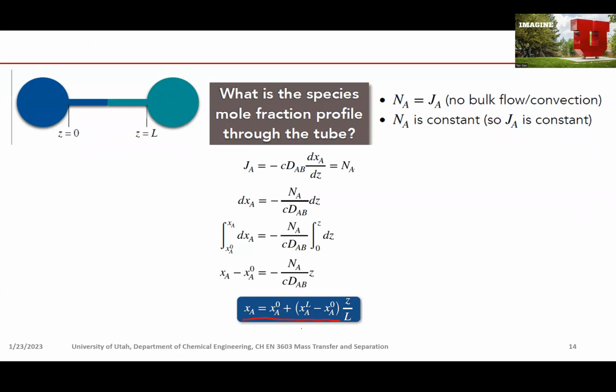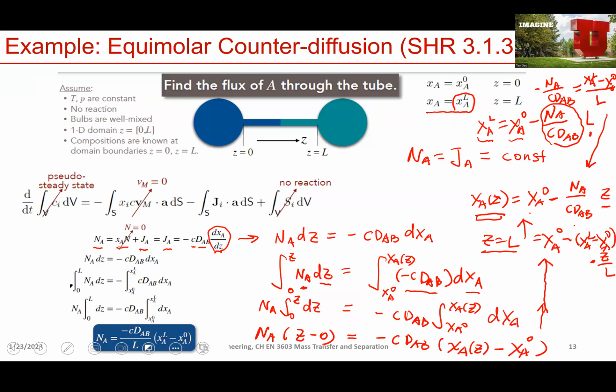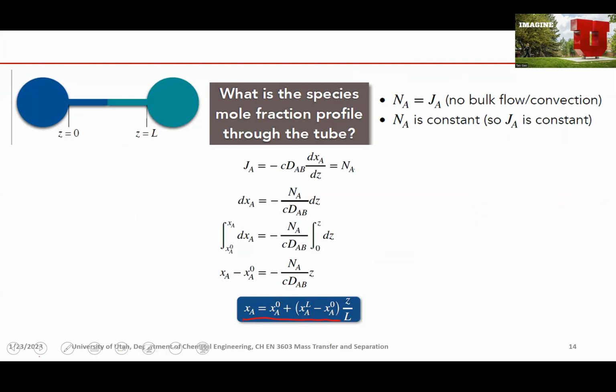Okay. Sorry, it was really jumbled on that last slide. Which part? All of the right-hand side. If you go to the next slide, where we're actually solving for this, could we? Yeah. So to be clear, the whole problem is that we're trying to solve the mole fraction of A, which is XA, as a function of Z, which is our coordinate.